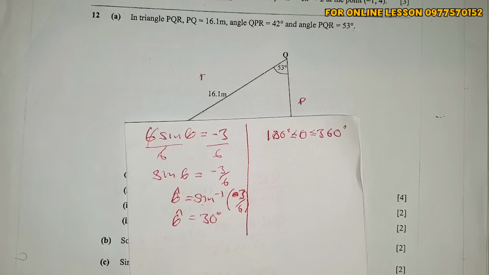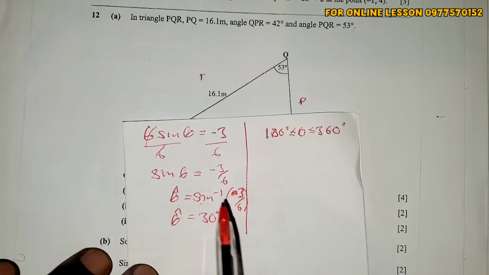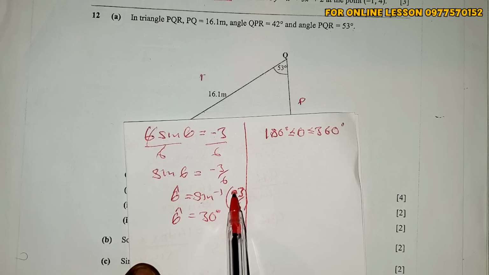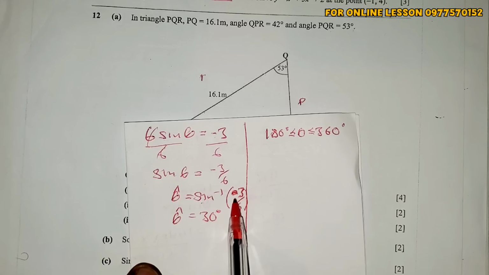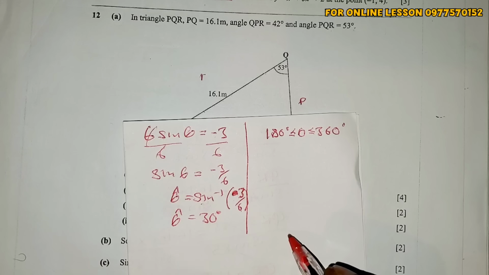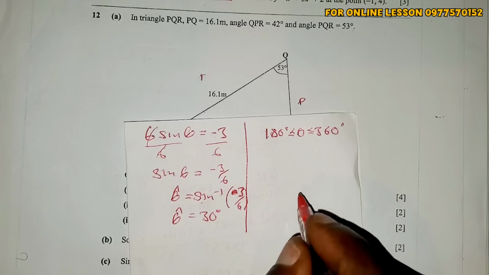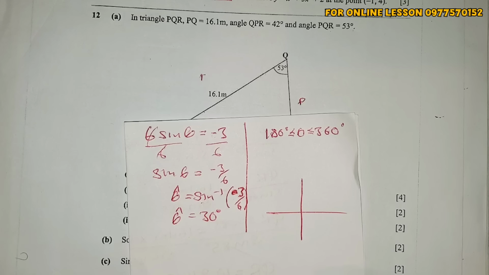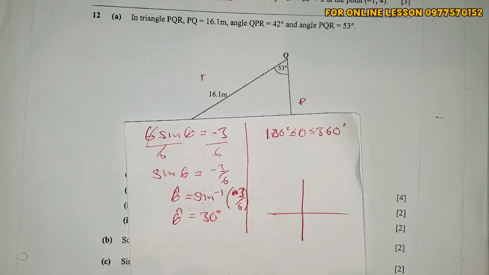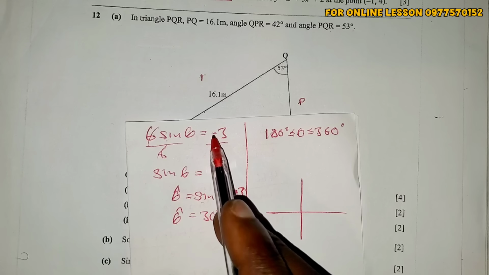Now let me explain for some of you who don't understand what's happening here. Why put the negative here if we are not going to use it at this point? The reason is very simple. The negative is there to tell us where the theta or our solution lies. It's saying where sine is negative.